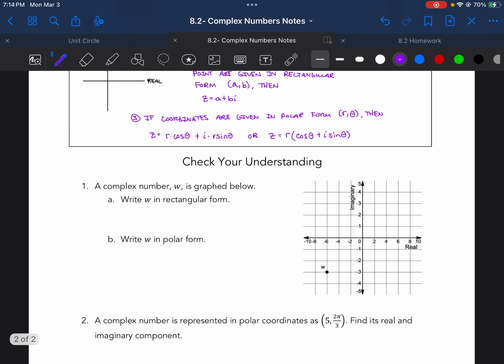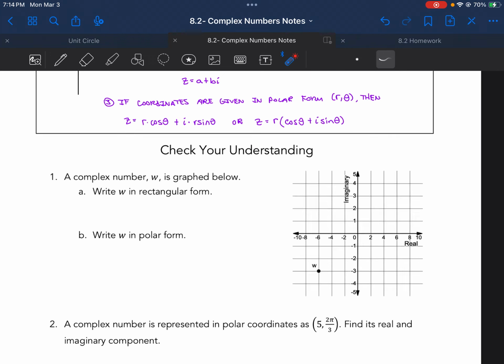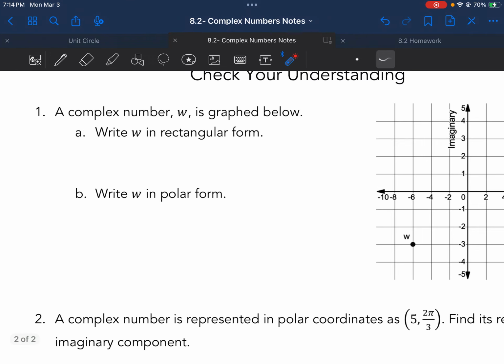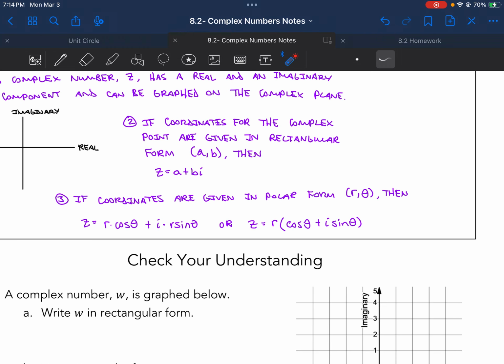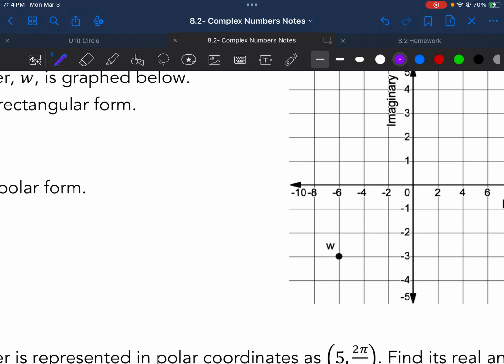Number 1, a complex number w is graphed below, so we see it right here. Write w in rectangular form. So rectangular form means we're writing it like this, a plus bi. So this is the point. It looks like the point -6, comma -3.